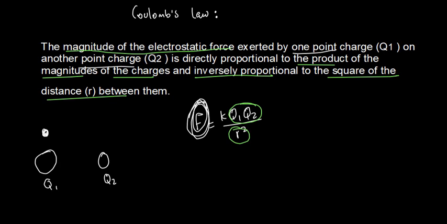So what we mean there is that the larger the sizes of the charges, the more the force of attraction. Put it in this way: if you are in a relationship with someone who has a lot of fat, you guys are definitely bound to last for an eternal lifetime.